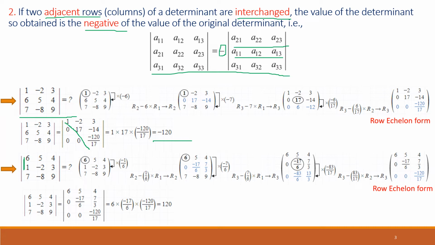So our new matrix would be this, and we will calculate its determinant. Now by using row echelon form to calculate the determinant of this new matrix, the answer is 120, which is opposite to the answer of the original determinant, which was minus 120.